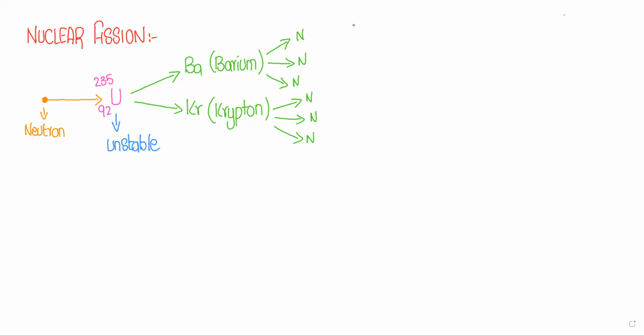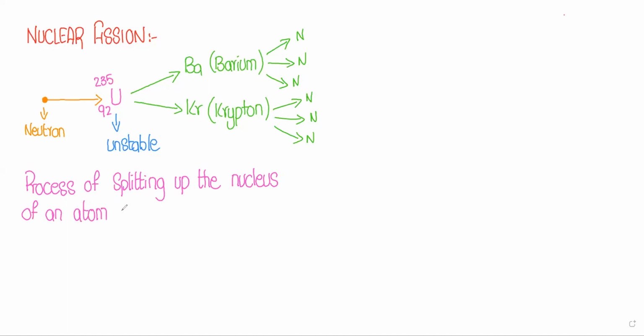And if you want to write it in words, we can write it as: nuclear fission is the process of splitting up the nucleus of an atom into small nuclei.